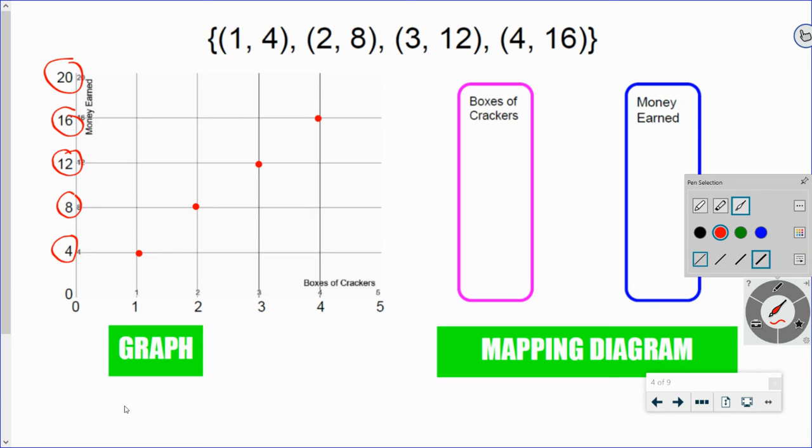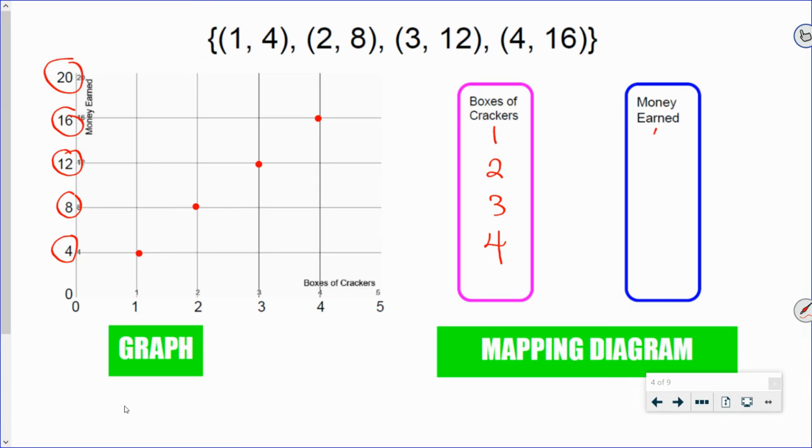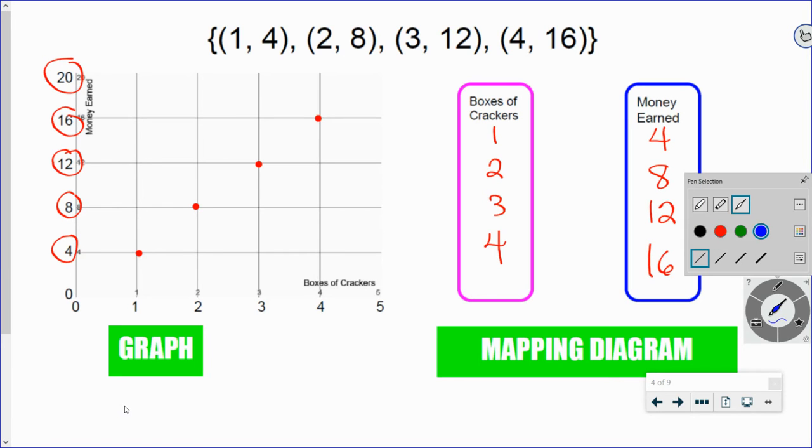And then if I wanted to map that, well, I just simply write them in order from smallest to largest, 1, 2, 3, 4. So that's my domain. My range is 4, 8, 12, and 16. And to map it, then I just match them up with a line.